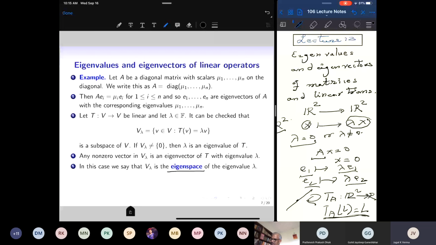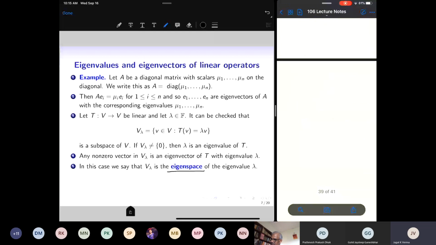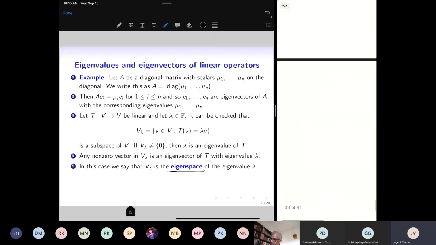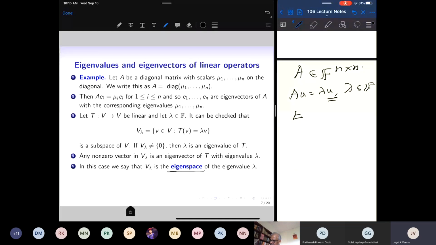So if this linear transformation T is induced by a matrix, then Au equals lambda u, and suppose lambda is in F, then u is an eigenvector, and V lambda is the eigenspace.